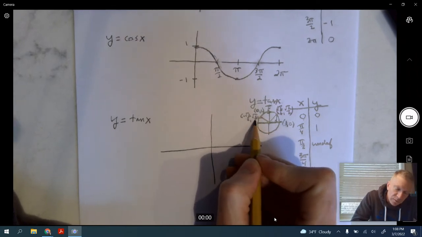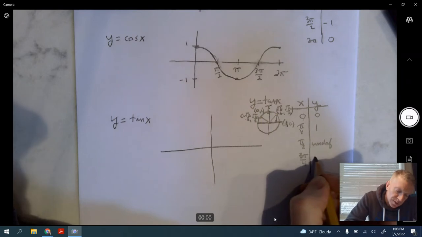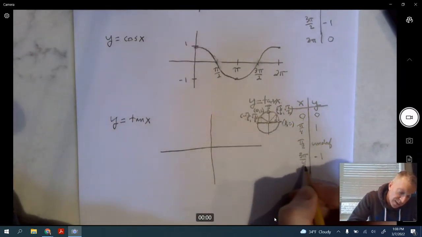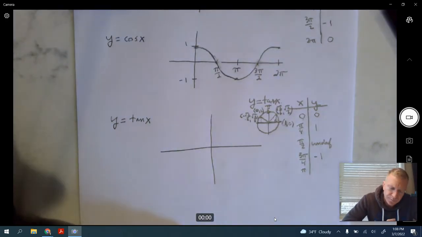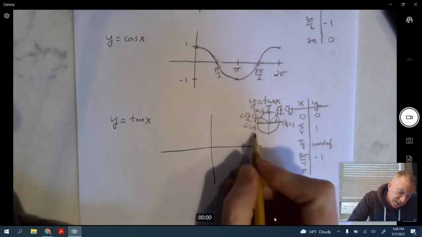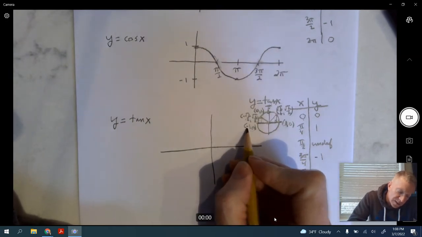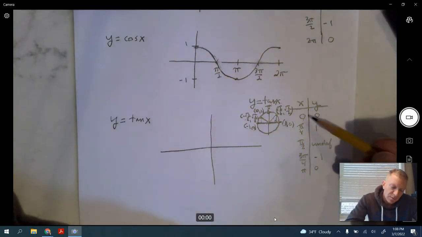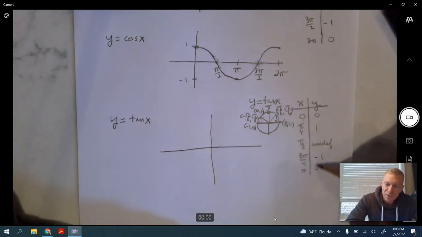So it gives you rad 2 over 2 divided by negative rad 2 over 2, which is negative 1. And then once we get over here, when your angle is pi, this point right here is negative 1 comma 0. The tangent of that would be the y over the x, 0 over negative 1, which is back to 0. So as you can see, from 0 to pi, we've gone through a full cycle.